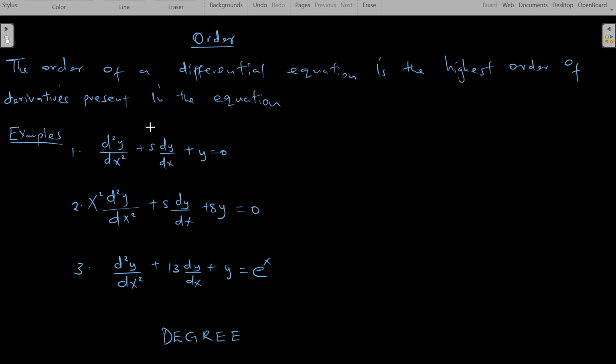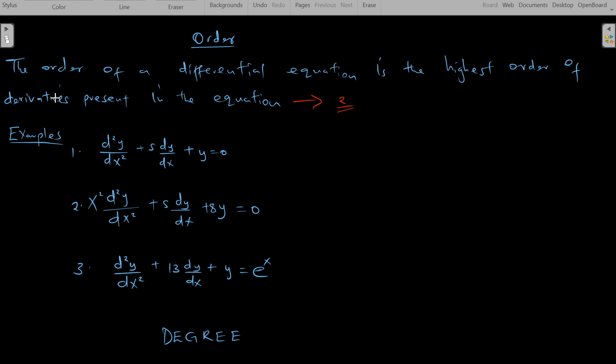The order of a differential equation is the highest derivative present in that equation. For us, the highest derivative must equal 2, because we're dealing with second order. Remember in my video on first order, the order was 1. So we'll use examples.